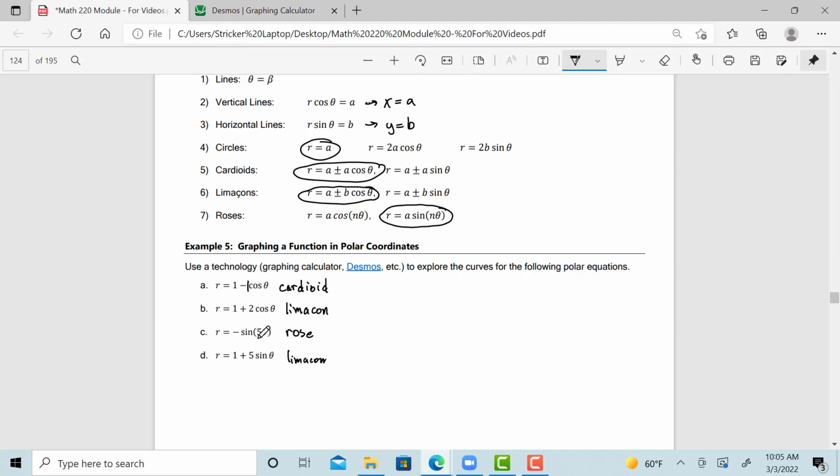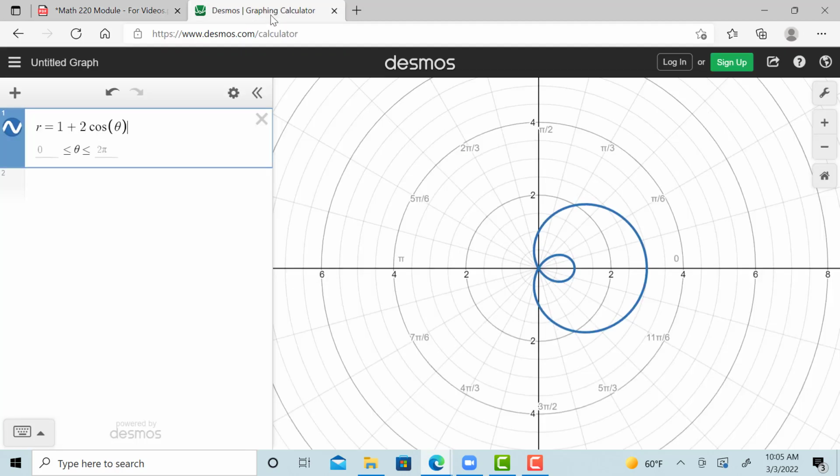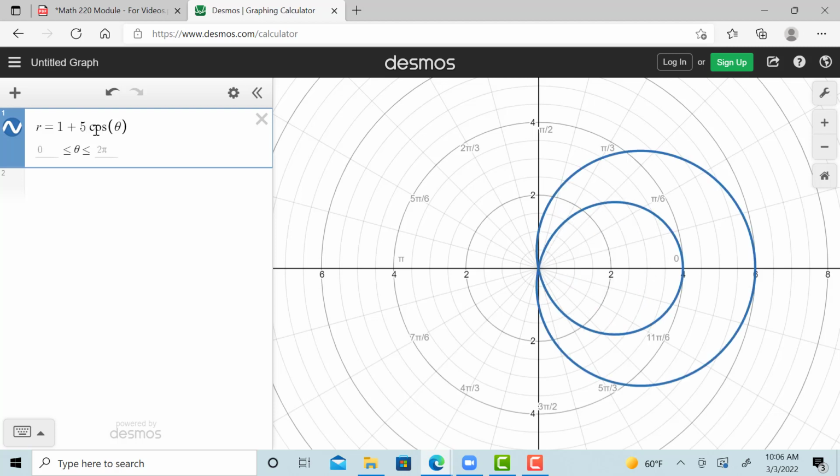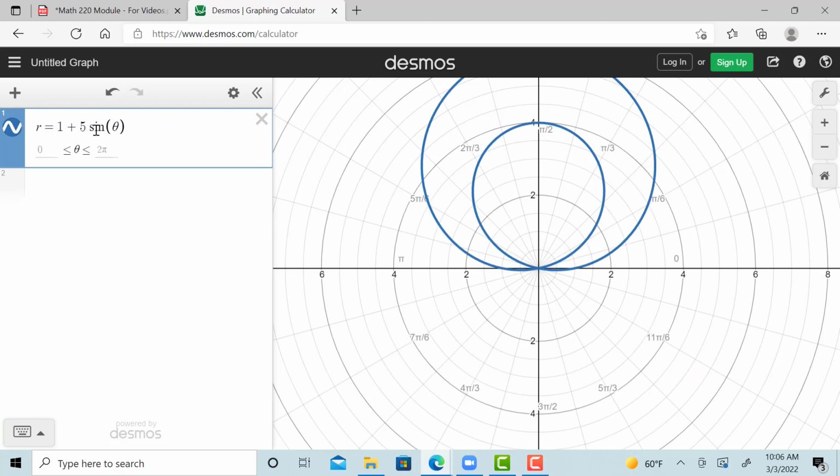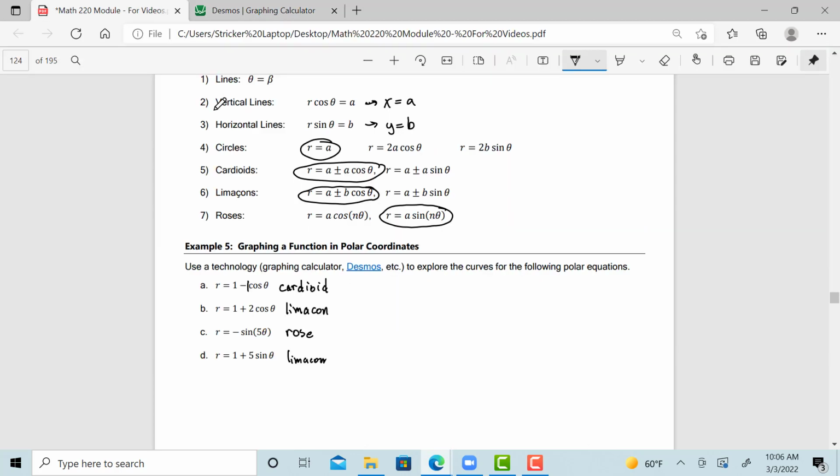So we would expect D, which is also a limaçon, to look similar to that. That was 1 plus 5 sine theta. But the sine ones go on the vertical axis, whereas the cosine ones go on the horizontal axis. So there's another example of a limaçon.